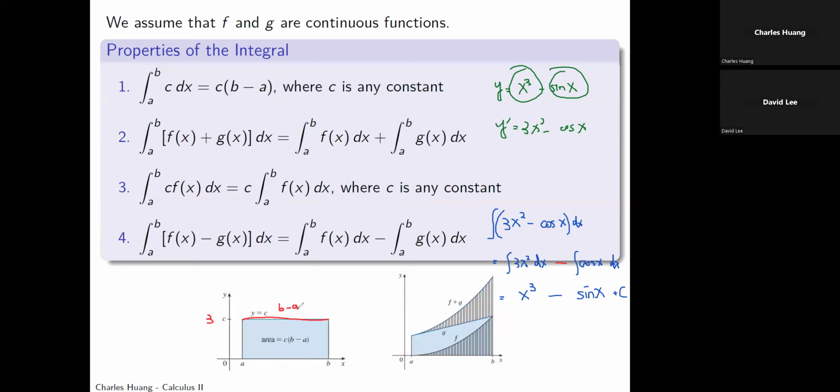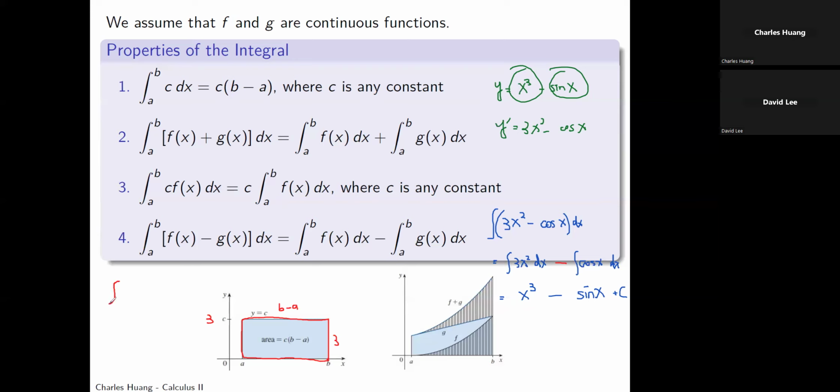That's the distance here, and then the height is 3. And of course, the area of this rectangle is 3 times b minus a. So that's why it's c times b minus a. That's where this comes from. So when you have a constant, that's the answer.